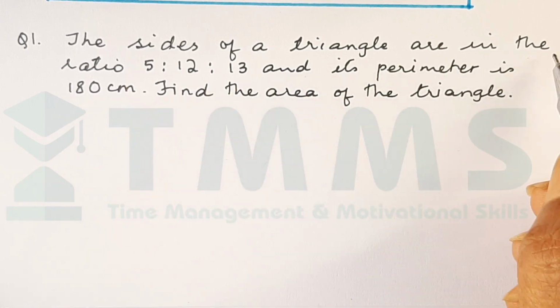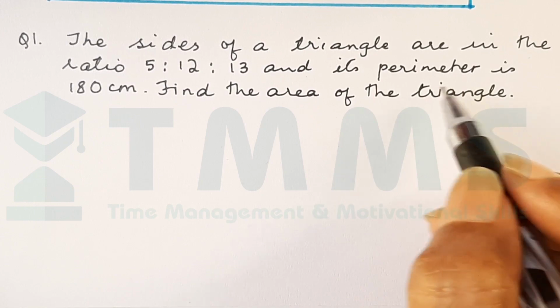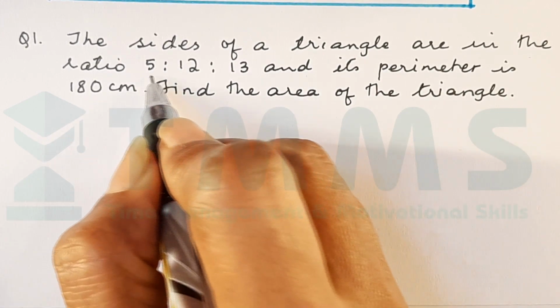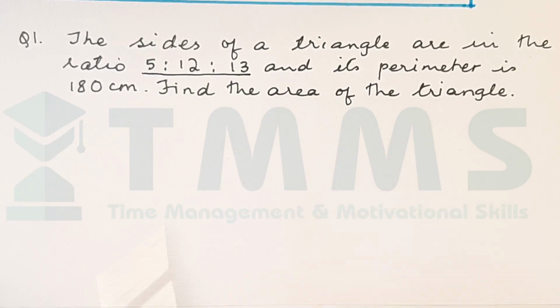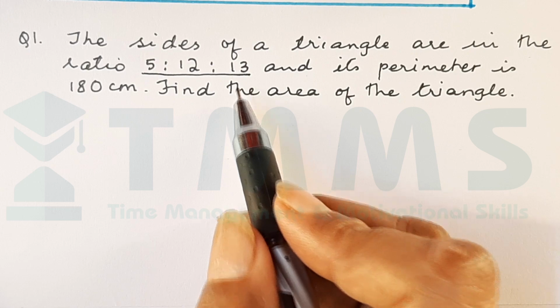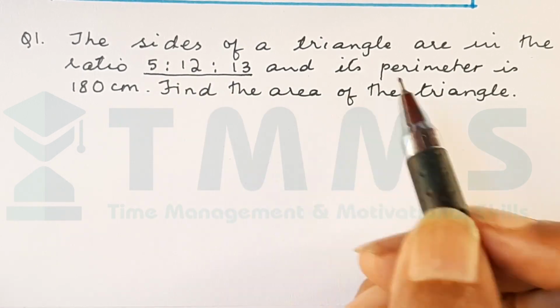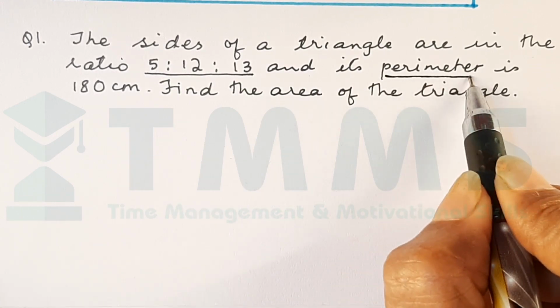Now the sides of the triangle are in the ratio 5:12:13, and its perimeter is given as 180 centimeters. What is given? The ratio of the sides, which means 3 sides are supplied. So 3 sides will be 5x, 12x, 13x. Why? Because the ratio is given. What else is given? The perimeter.